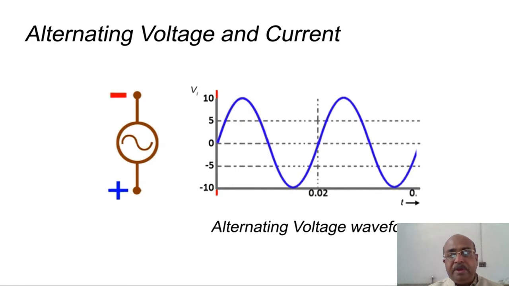And if you see the waveform of this AC voltage and current, it increases, takes the maximum value, then again it comes to zero, then again it increases to the negative side, and then it again becomes zero.